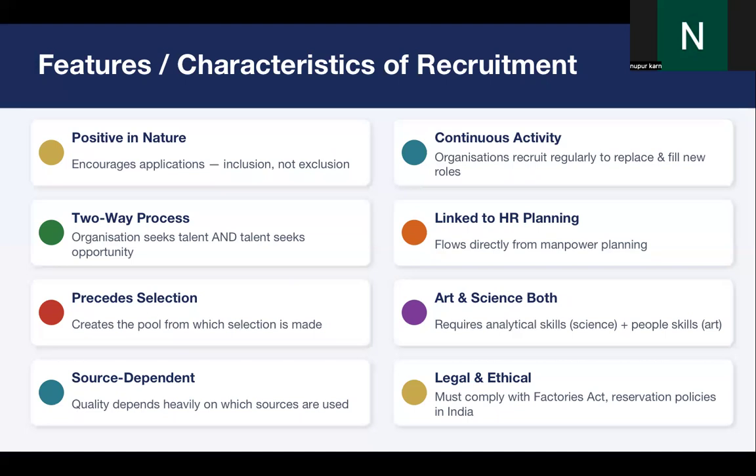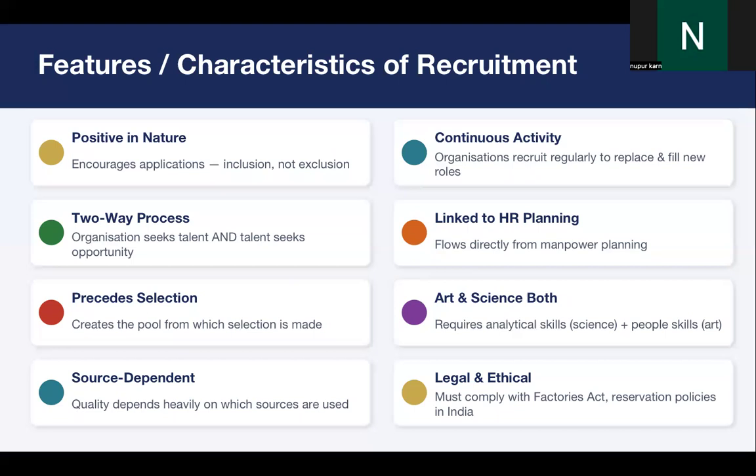So these are the sources. So recruitment depends on those sources. We get the applicants from those sources. That's why it is called that. It depends on the sources we use. Now, continuous activity. What is this continuous activity?